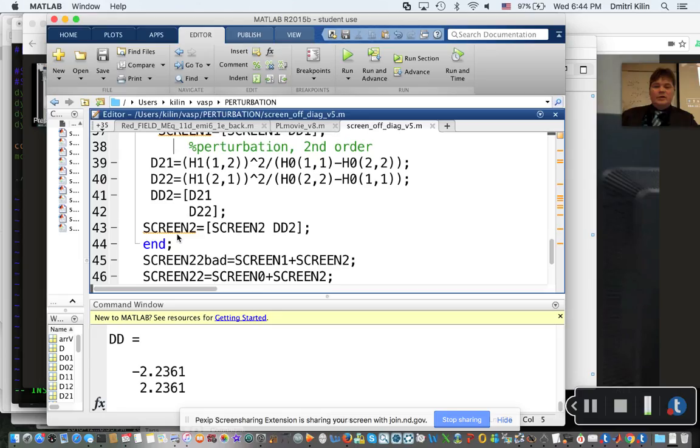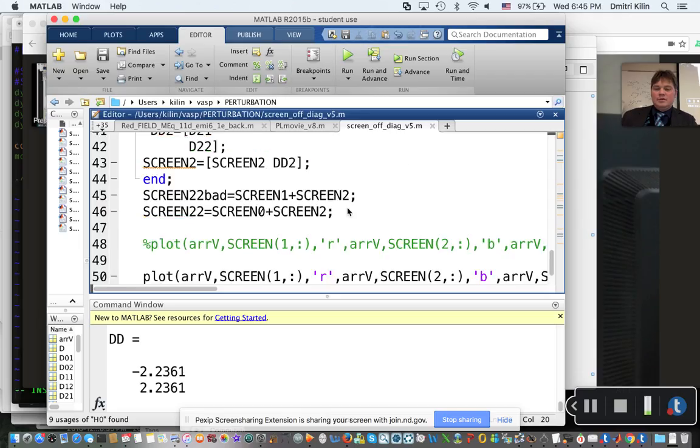So interaction of the off-diagonal element of the perturbation Hamiltonian to the second power, h12 squared or h21 squared, which will be the same because we have V here and there, divided by the energy offset of the unperturbed energy. So the unperturbed Hamiltonian first diagonal element minus second, or second minus first. And now we just go to the plotting.